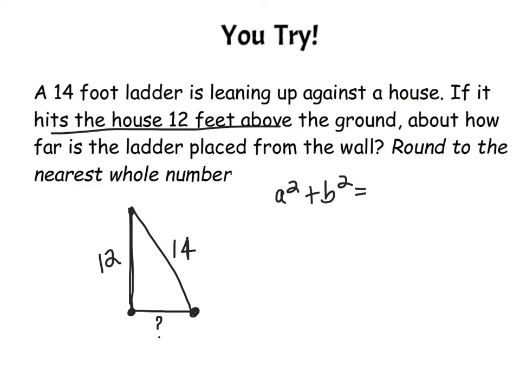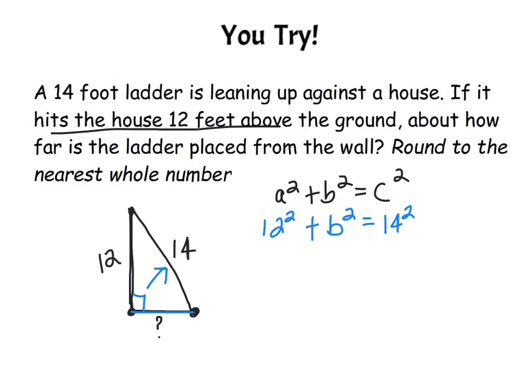So we are looking this time for B. 12 is one of my legs. I don't have my other leg. I know I have C because I have the side in the line across from my right angle. So my 14 gets plugged in there.